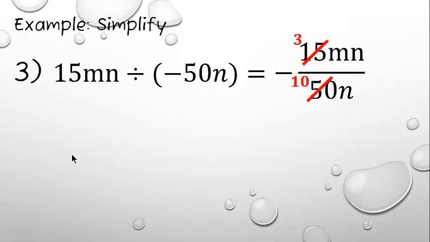Okay, we have mn divided by n. So n divided by n is 1. Remember, anything divided by itself is 1, so we can cancel those out and they become 1. So we end up with negative 3m times 1 over 10 times 1. So we end up with negative 3m over 10.